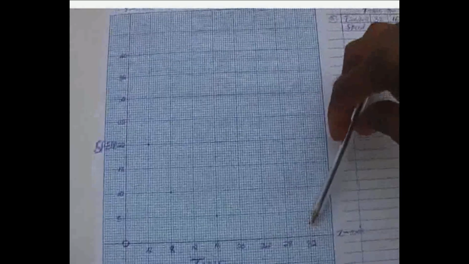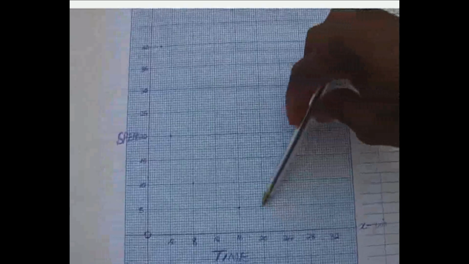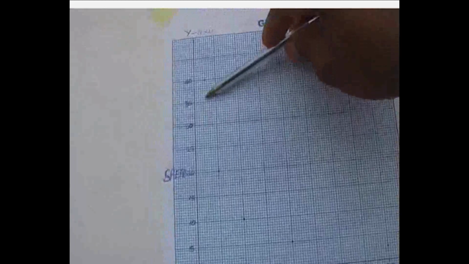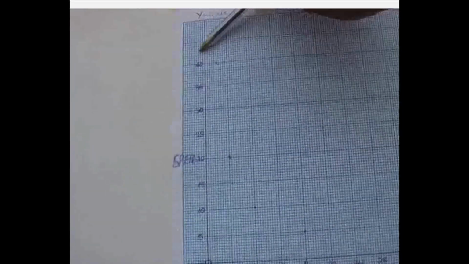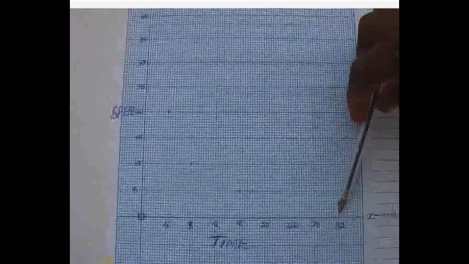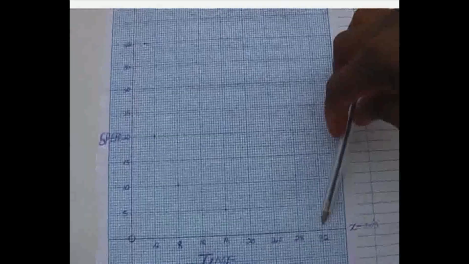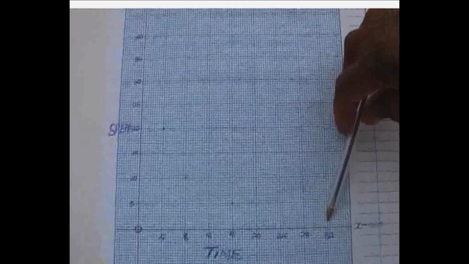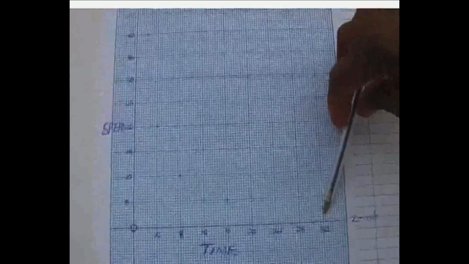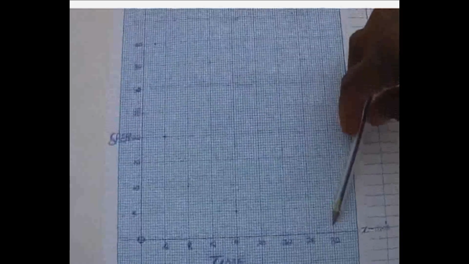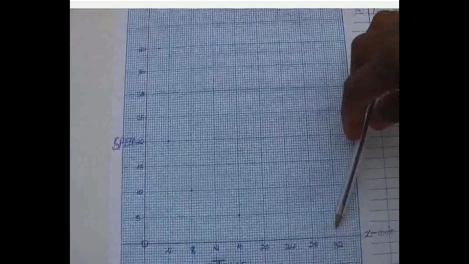If you want to join it, it's going to be a curve, not a straight line again. But the most important thing is it ran from up to down. And that shows you that the relationship between speed and time, which we are about to join in a curve now, is an inverse proportion.